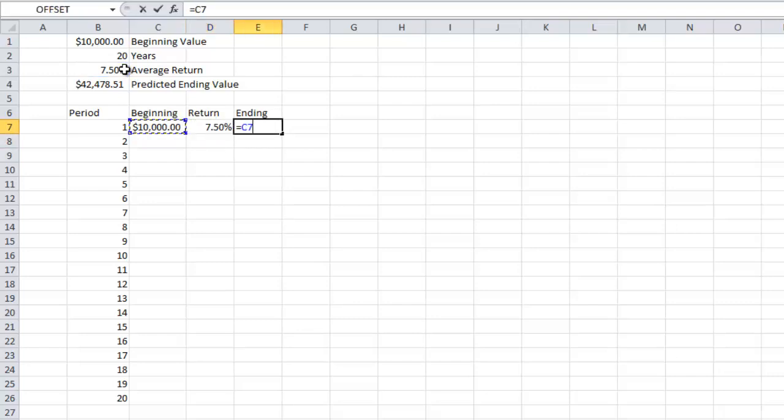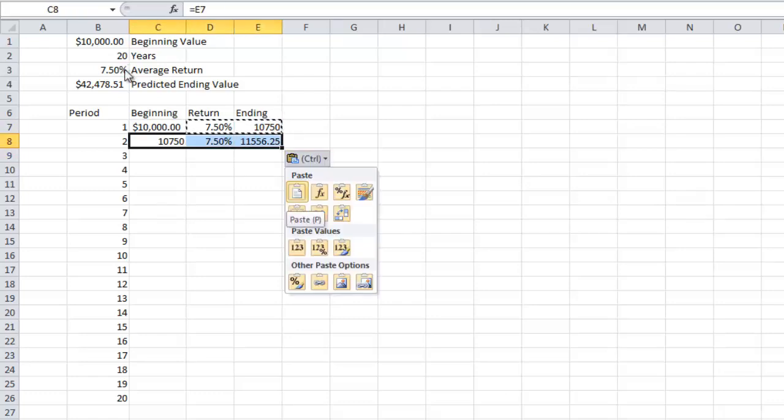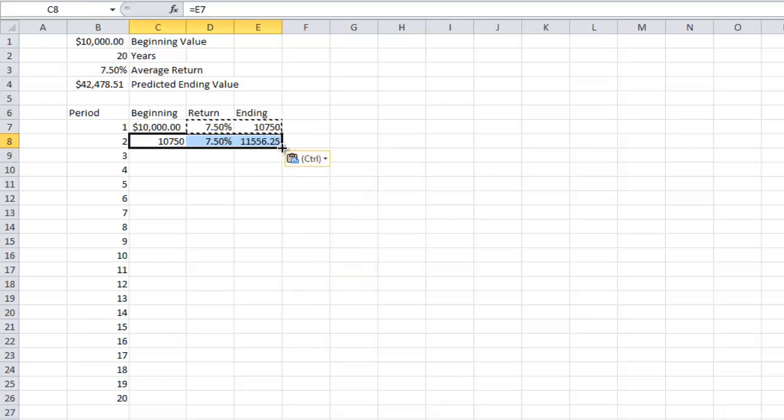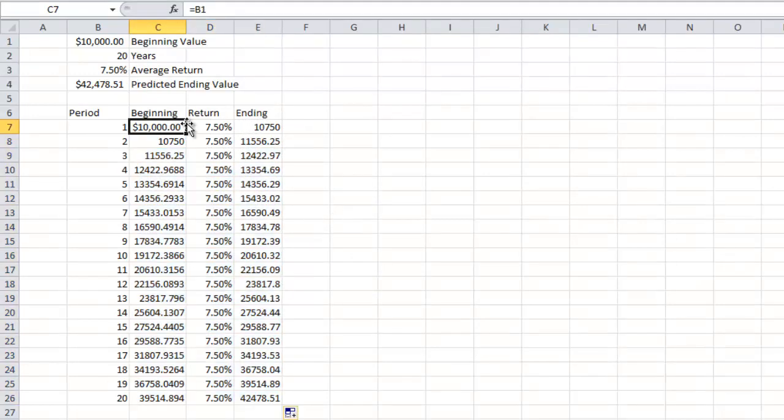So my ending value is just going to be my beginning value times 1 plus that return, and then my beginning value the next period is just that ending value from the previous period. Once you have that, it can just be copied and pasted down, along with the formatting.